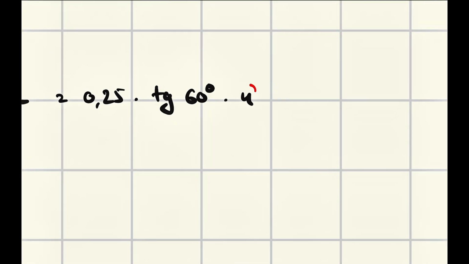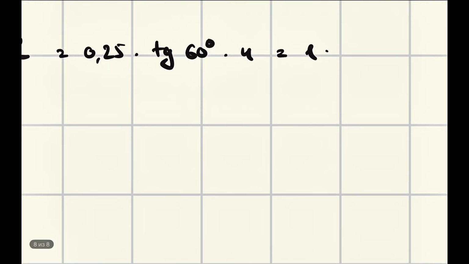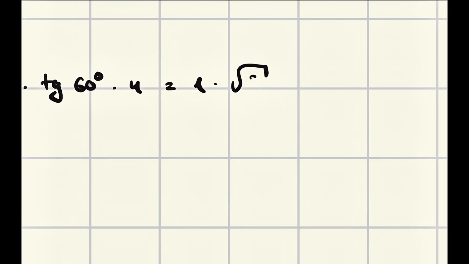So 0.25 multiplied by 4 is just 1. And tangent 60 degrees, if I'm not mistaken, is just square root 3. And it gives me just 1.73 meters, which is the correct answer.